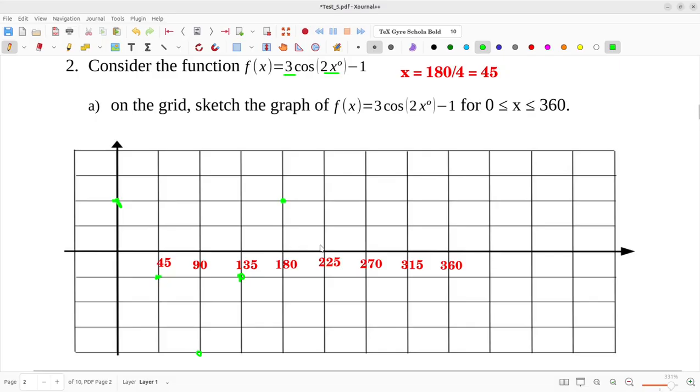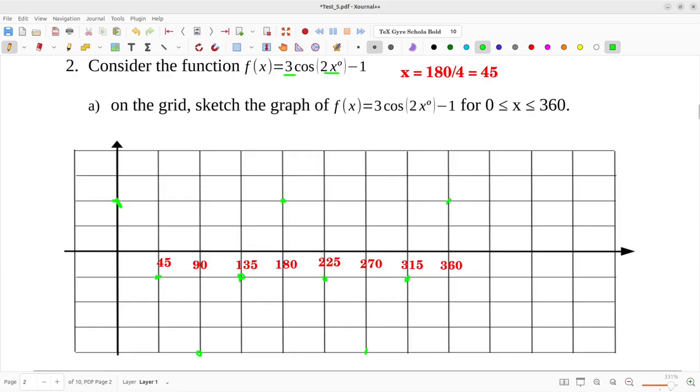Which means the next one is going to be a repetition. From here, we are coming here. Then from here, we are coming there. And then this one is here. The last one is there.